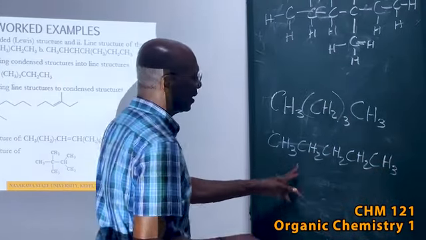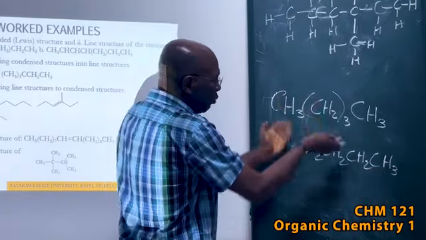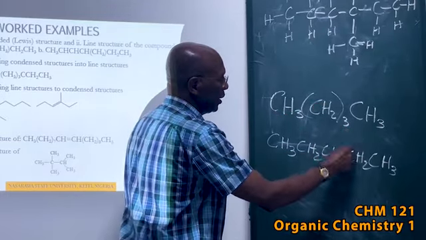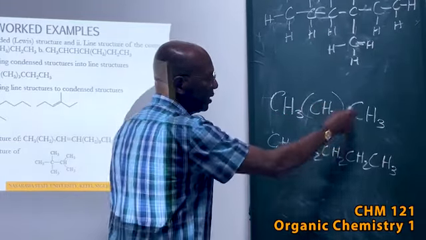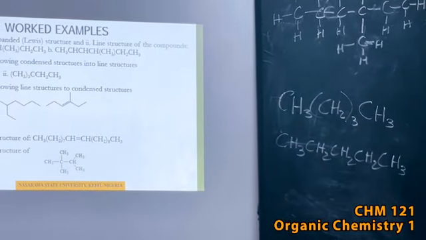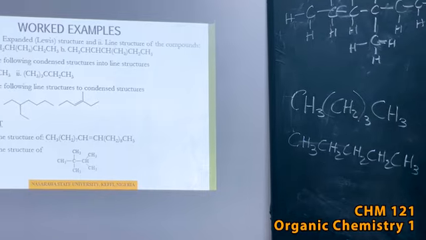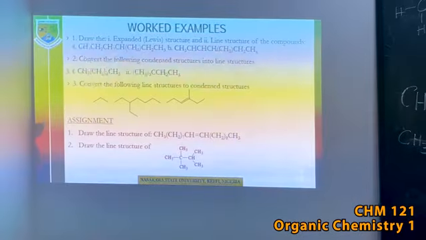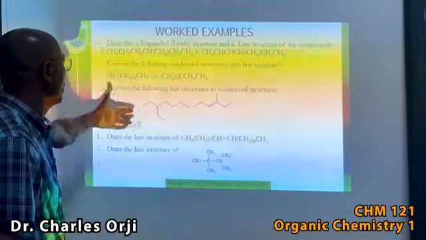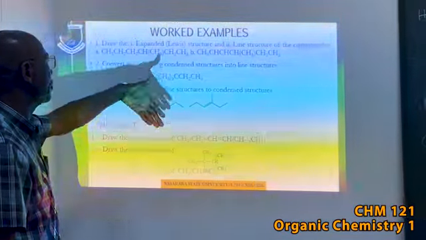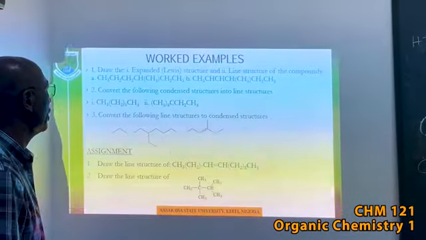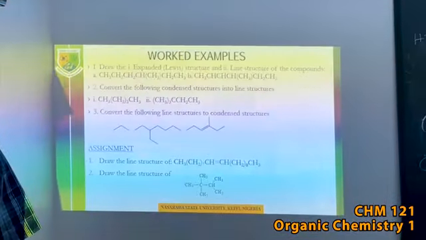In other words, instead of writing this thing, we put all those CH2s, there are just 3 of them. 1, 2, 3. Put that in bracket and further condense that structure. Okay? So, just to round up, of course, you need to practice writing out the condensed structure, the other ones, the line structure, the expanded structure.